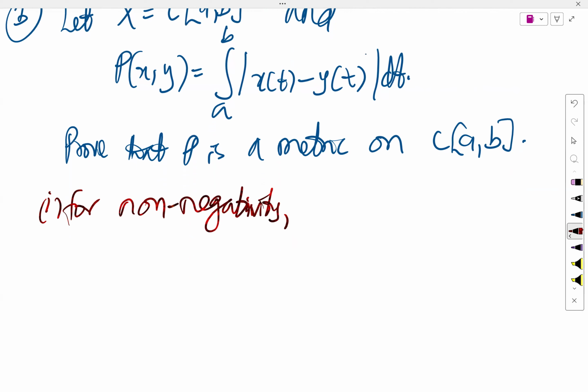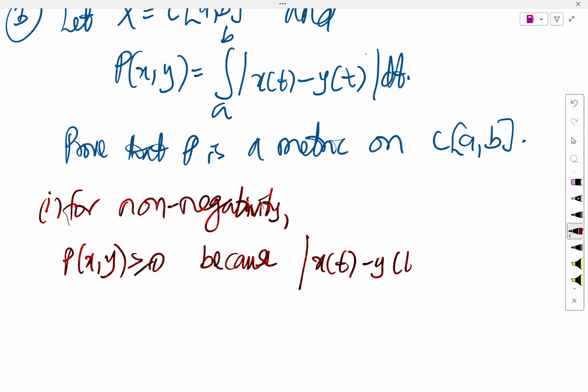So for non-negativity, P of x, y is greater than or equal to 0 because you can be sure that the integral of the absolute value of x(t) minus y(t) will be positive, right? Because the absolute value of x(t) minus y(t) by its own nature is greater than or equal to 0, because the absolute value guarantees that whatever you get is at the end of the day positive.